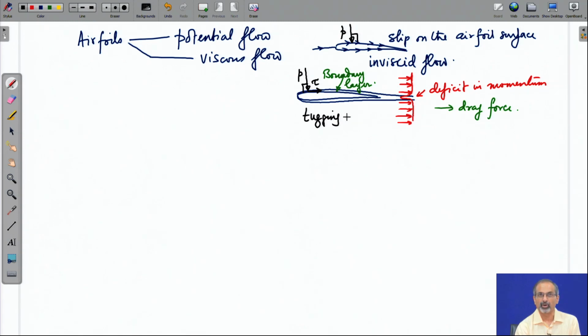It pulls the body back. In other words, you have both Cp and Cf here and only Cp distribution over here.